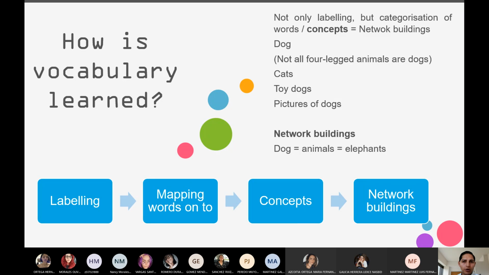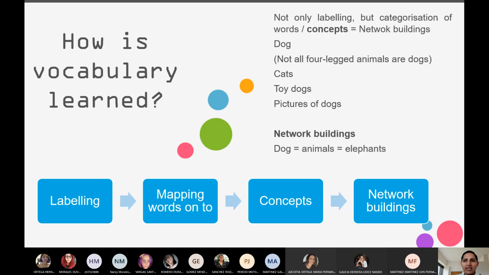For example, the word dog, okay? Let's say the child learns the word dog, okay? But then the child figures out that not all four-legged animals are dogs, but there are cats.